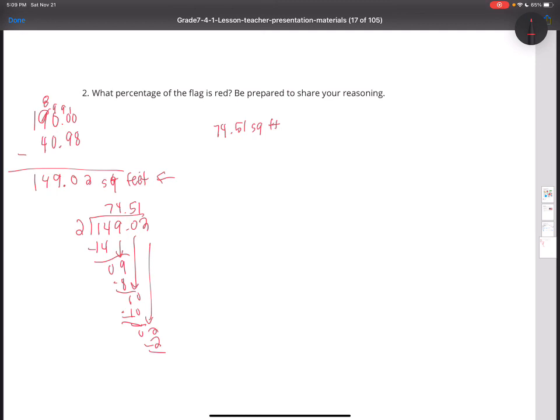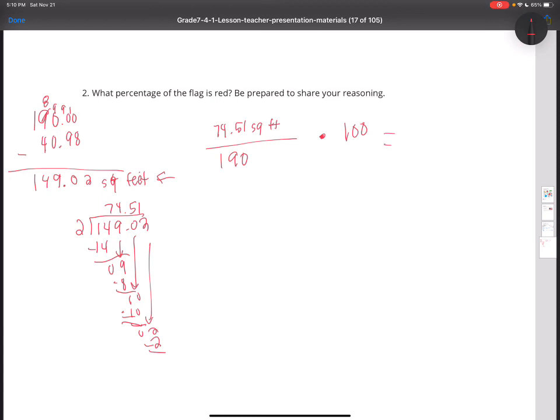What I want to do is take this area that's left over and divide that by the area of the total flag to find out what the percent is, and I'm going to multiply my answer times 100. I'll be doing that in my calculator: divided by 190, times 100.